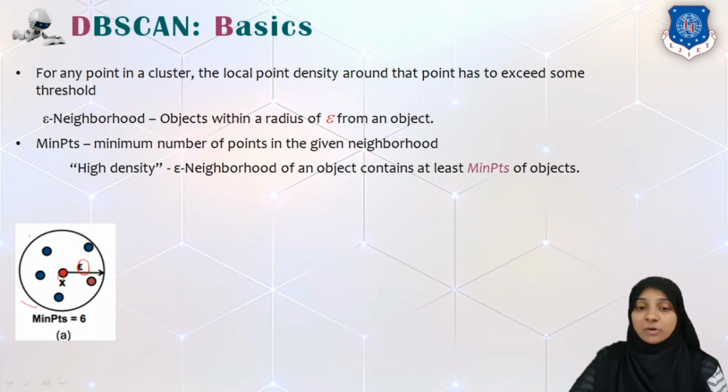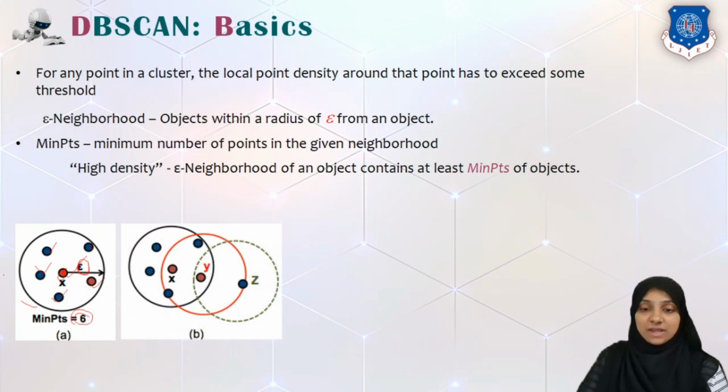If the number of neighbor points under this epsilon region reaches the minimum points, then this area is called a high density area. As you can see, this 1, 2, 3, 4, the point itself 5, and this 6 represent a high density area.